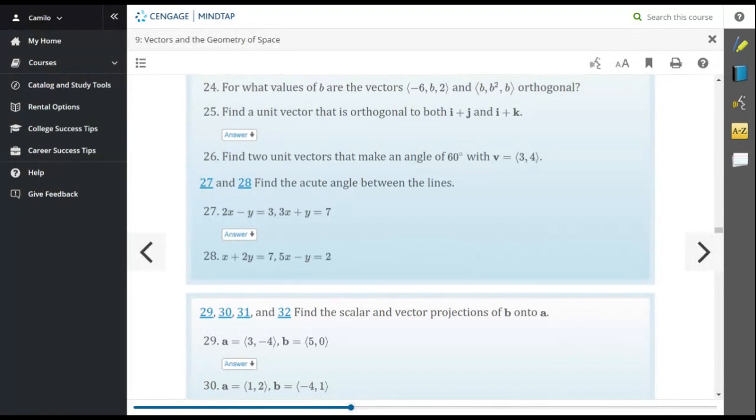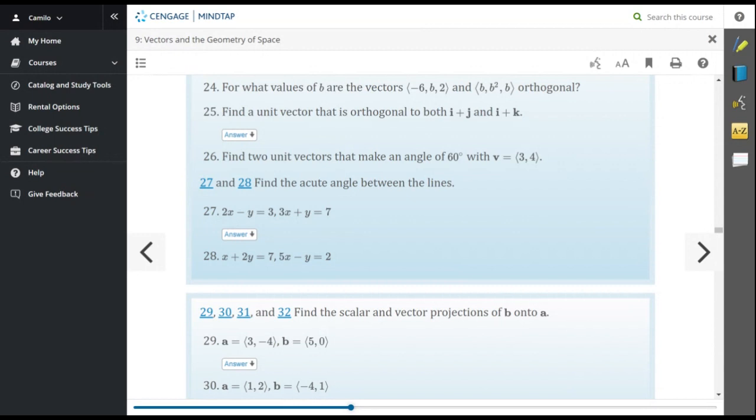But for 27, the first vector is 2, -1, and the second vector is 3, 1. I'll type it in the chat. If you're looking at number 27, there's the single number 3 and there's a single number 7.